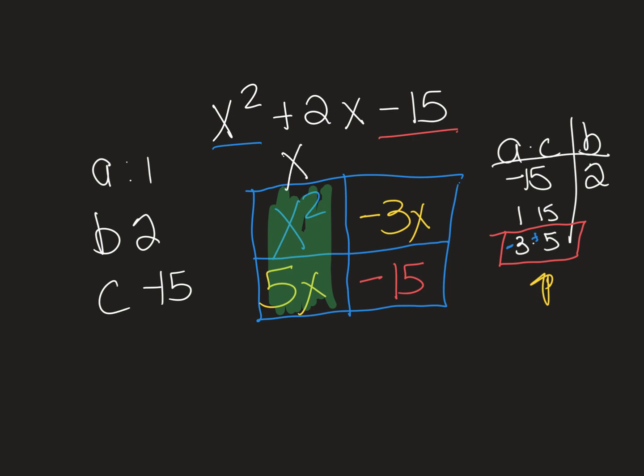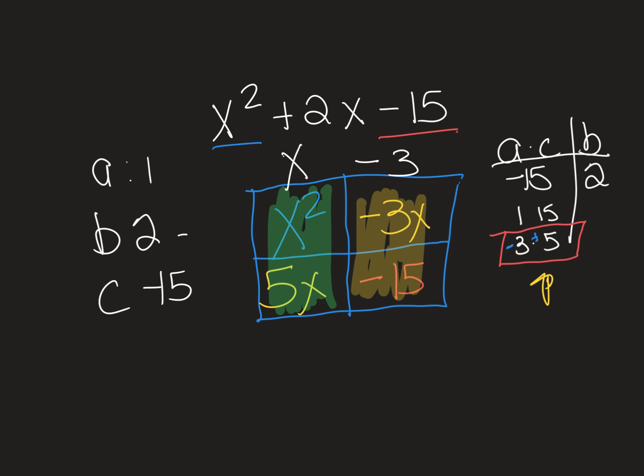Okay, so now I'm going to look at the second column. I have a negative 3x and a negative 15. What do they have in common? Well, I'm going to factor out a negative 3. When at all possible, if the first one in the box is a negative, I'm going to factor it out. Now I'm going to look at my rows.